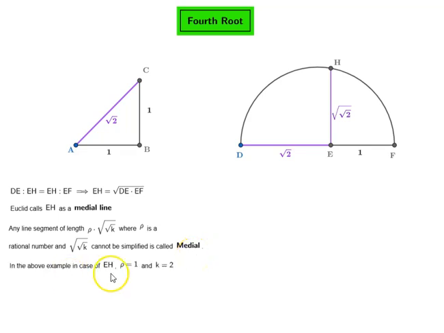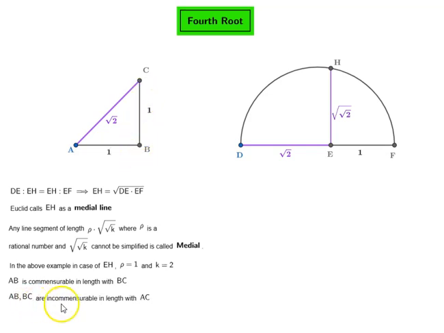In the above example, in the case of EH, rho is equal to 1 and k is equal to 2. And the way Euclid describes all this is he says AB is commensurable in length with BC.